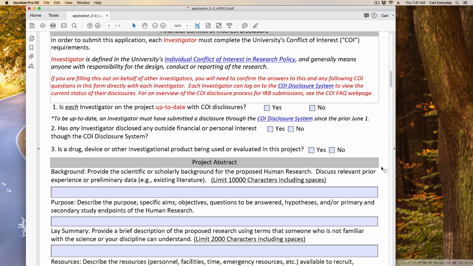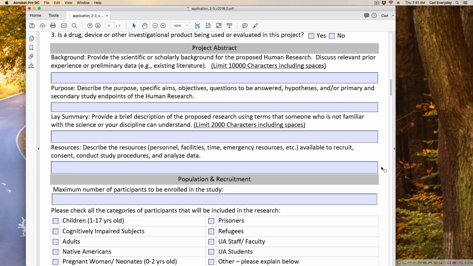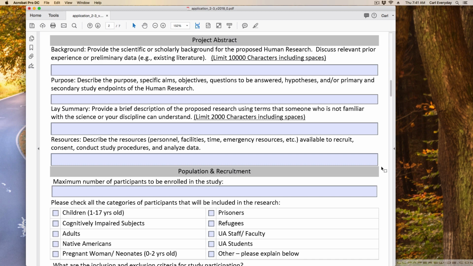All right. So then we get to the meat of this whole document, which includes project abstract. Here they want background information, a kind of scholarly approach to it. Then the next part is purpose. That's where you put your research question or questions.